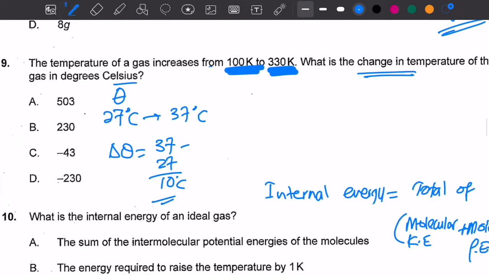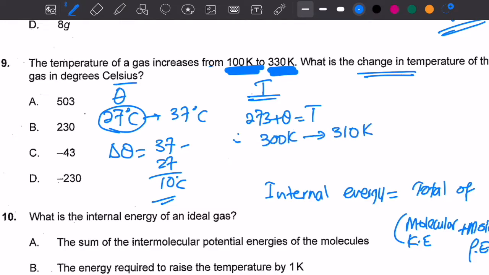But let's think about the same situation in Kelvin temperature. How to convert Celsius to Kelvin? 273 plus theta is T, right? So this temperature is 300 Kelvin changes to 310 Kelvin. Do the calculation. You will understand this is 310 Kelvin and this is 300 Kelvin.